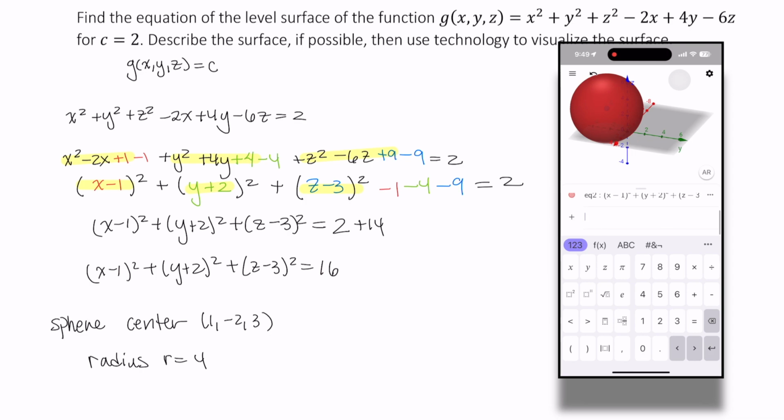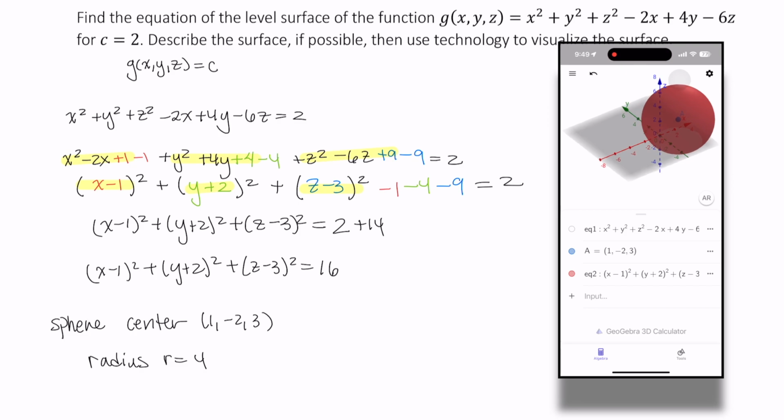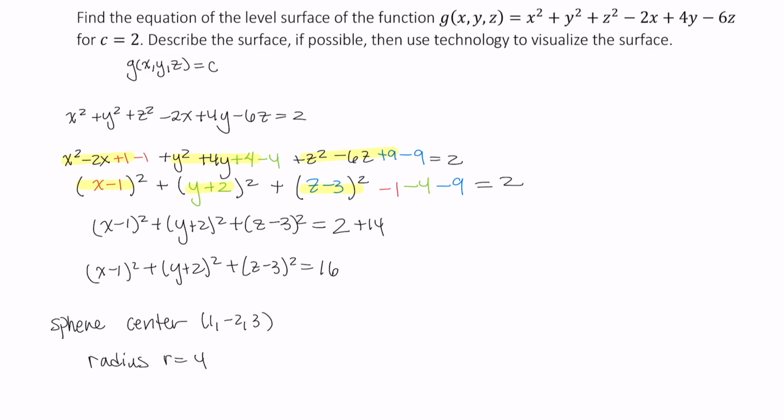And look at that, they are identical and overlapping. So there is our sphere of radius 4, which is centered at 1, negative 2, 3. The center of the sphere is at 1, negative 2, 3.